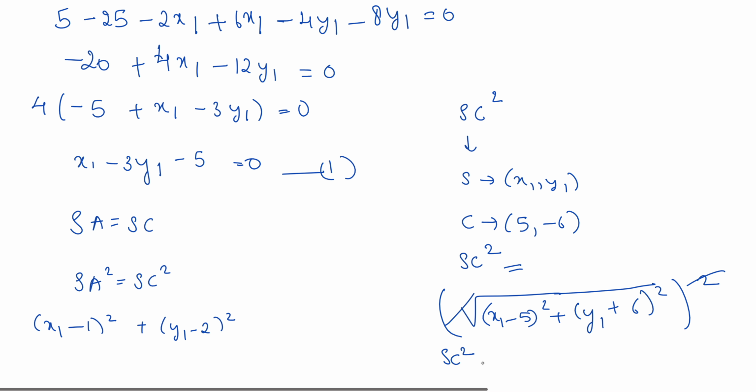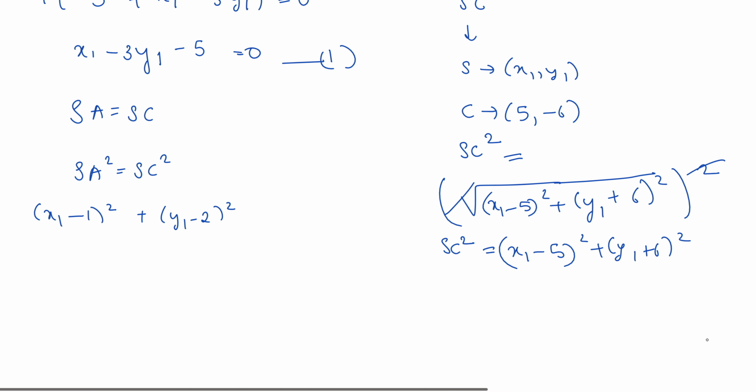Square and root get cancelled. So SC square becomes (x1 minus 5) whole square plus (y1 plus 6) whole square.